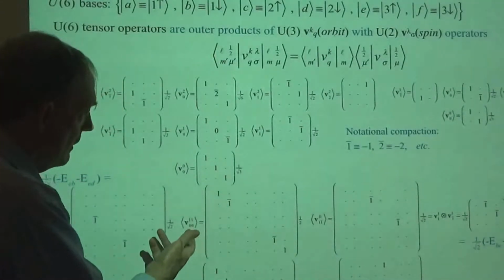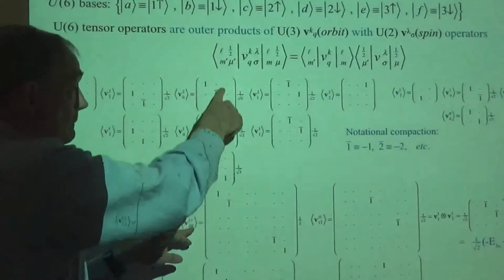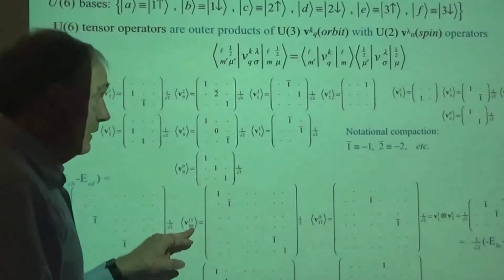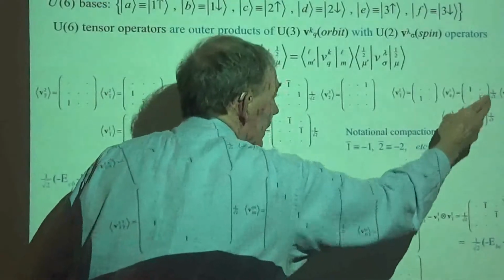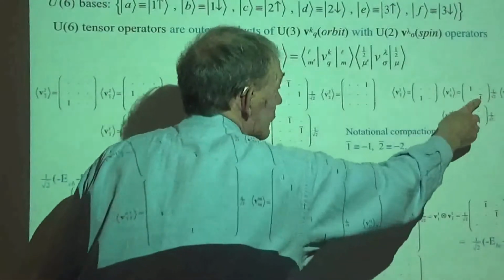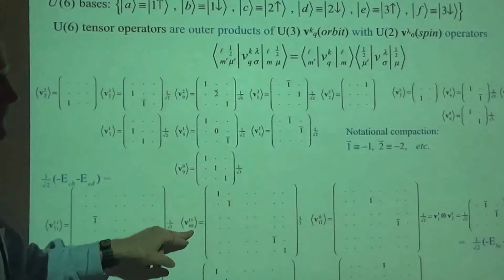So here you see a product of 1, 0 from the orbital part, that's this thing, having its cross product with the 1, 0 that goes with this thing right here. So this comes down with a 1 and minus 1. Remember, that's the Z angular momentum operator up to a factor.